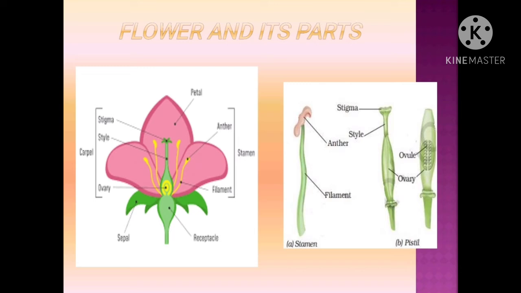In flowering plants, flowers are the reproductive organs. Some flowers, like rose and sweet pea, contain both male and female reproductive organs. They are known as complete flowers. Complete flowers have stamens, pistils, petals, and sepals. Some flowers, like corn and papaya, contain only male or only female reproductive organs.